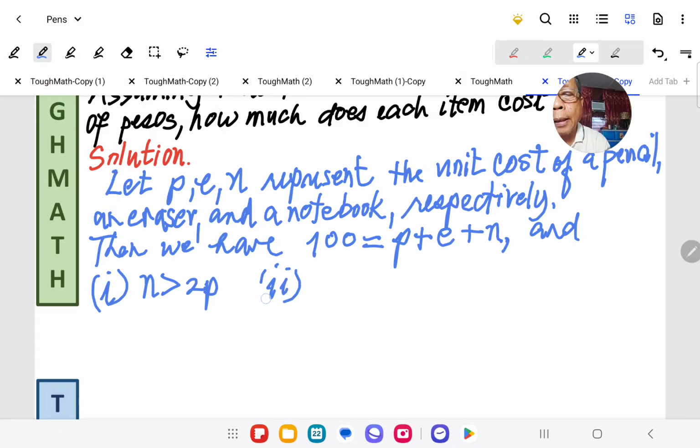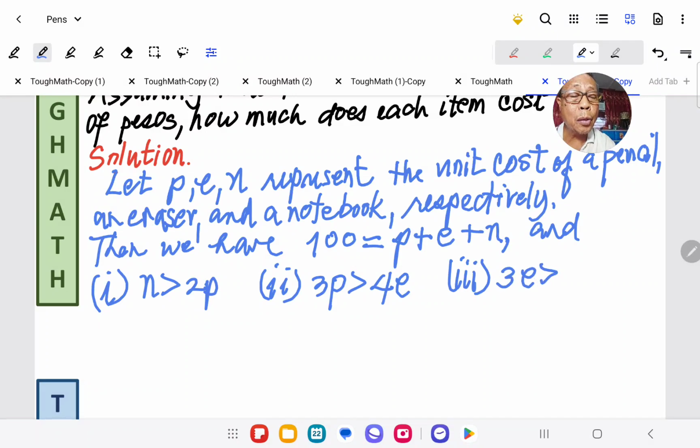The second inequality is that 3 pencils cost more than 4 erasers, so 3P is greater than 4E. And the third inequality is that 3 erasers, so 3E, costs more than a notebook, so 3E is greater than N.